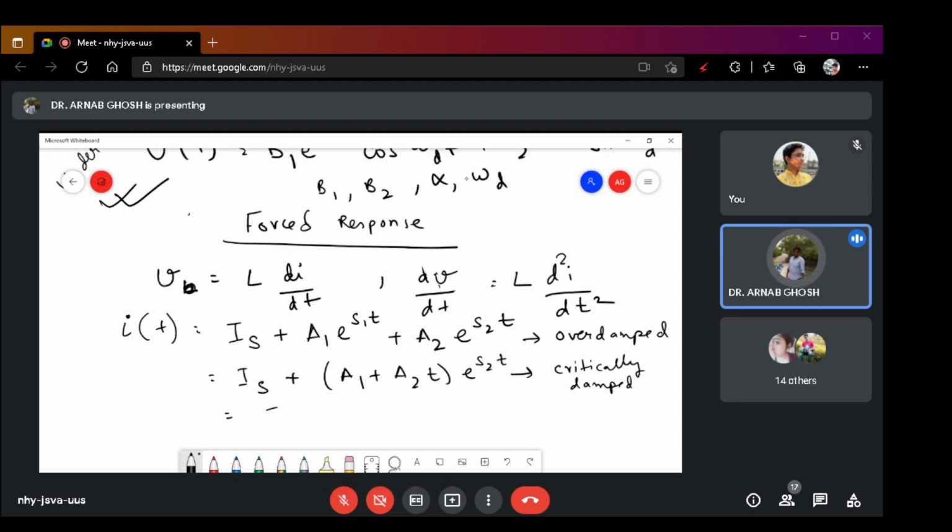And this is equal to Is plus (B1 cos omega_d t plus B2 sin omega_d t) into e to the power minus alpha t. So this is your general expression for the underdamped case.